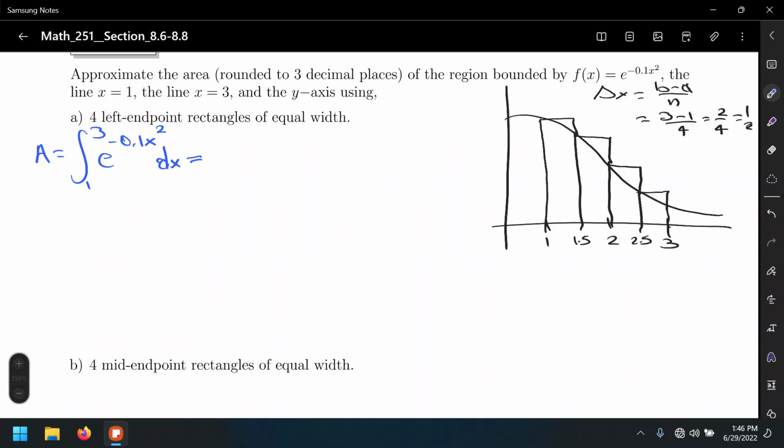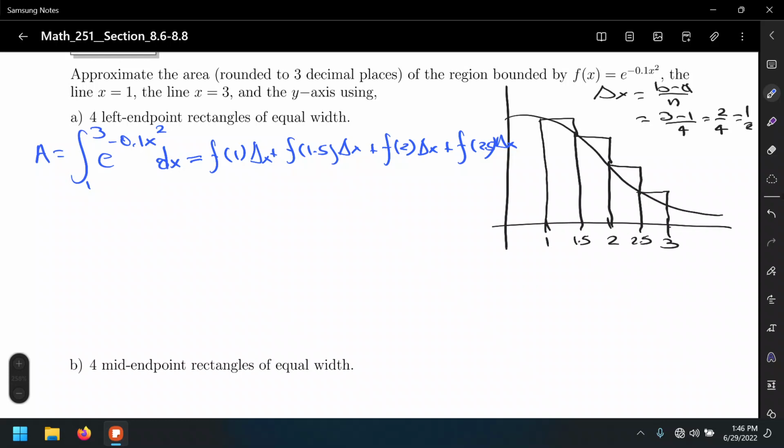This will be f of 1 times delta x plus f of 1.5 delta x, because it's the approximation, plus f of 2 delta x plus f of 2.5 delta x. We want only the left endpoint, the area to the left of the region.